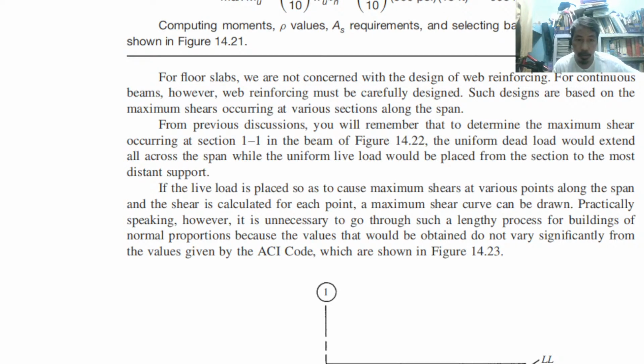From previous discussion, you will remember that to determine the maximum shear occurring at section, the uniform dead load would extend all across the span, while the uniform live load would be placed from the section to the most distant support.